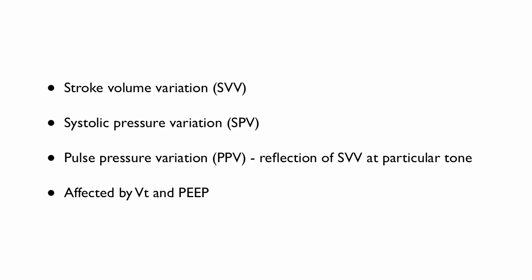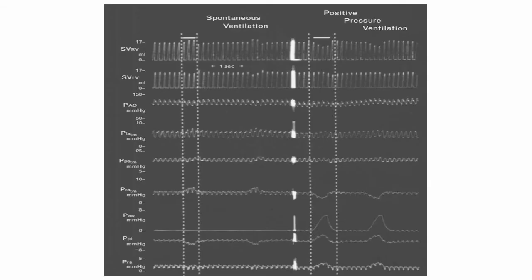Obviously, if the compliance of the whole arterial system, of the aorta particularly, changes over time, then that's not going to be so accurate anymore. But over a short space of time, pulse pressure variation is really going to be a reflection of stroke volume variation. These things are all also going to be affected by the tidal volume and the PEEP in ways that we've touched on before.